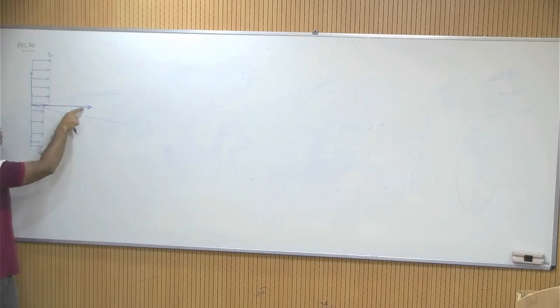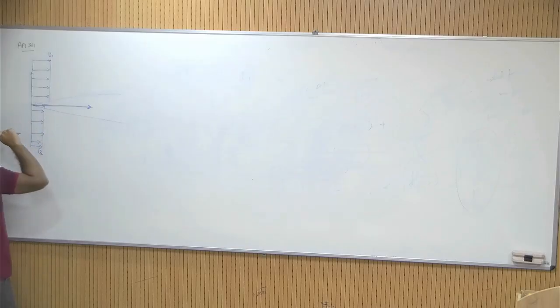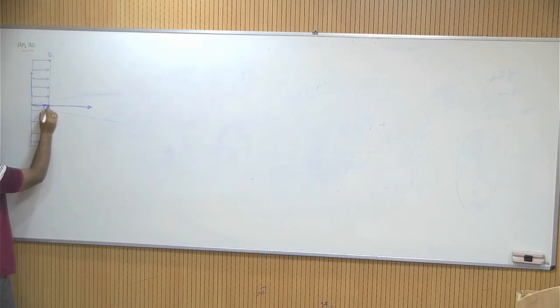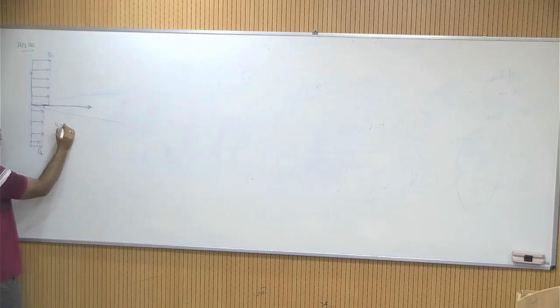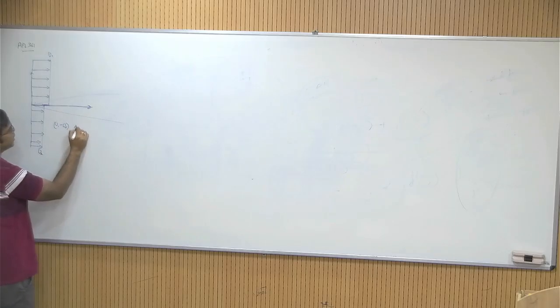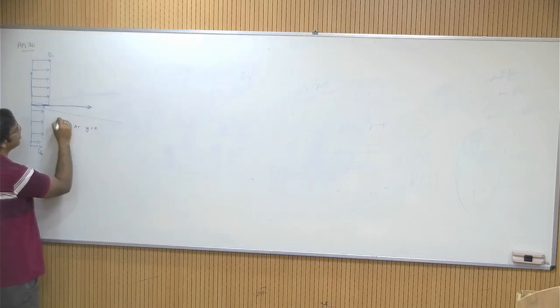The velocity of the plate doesn't remain constant, and the idea here is that there is a shear stress here. So there is a velocity deficit of u1 minus u2 at y equal to 0.